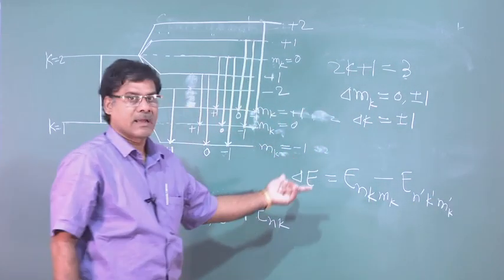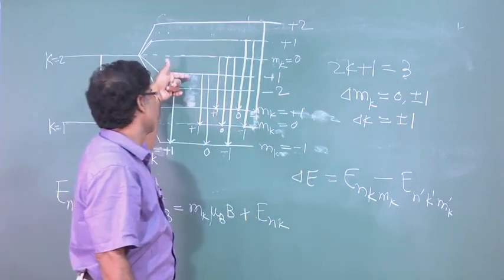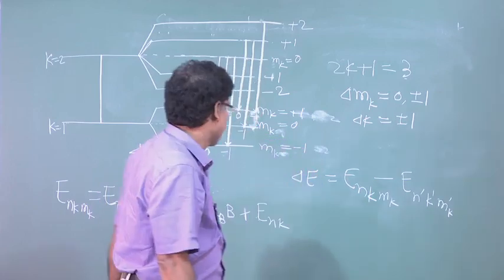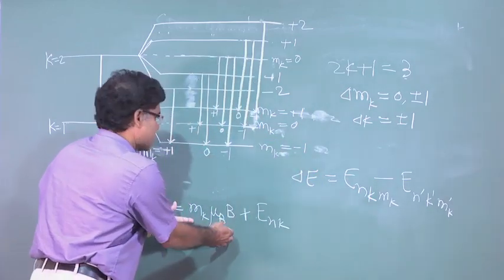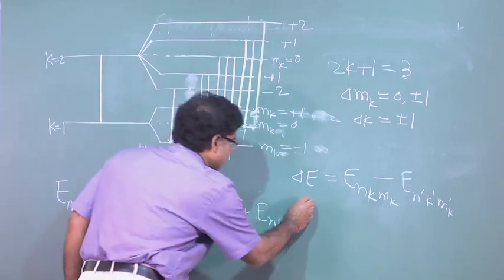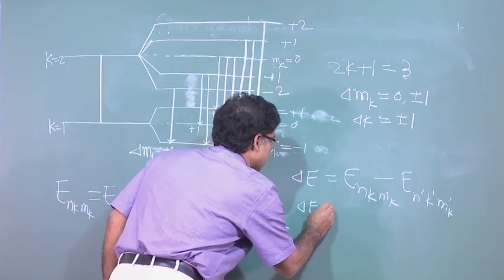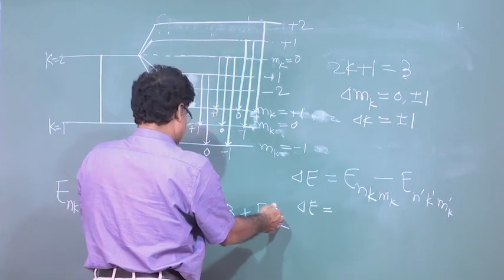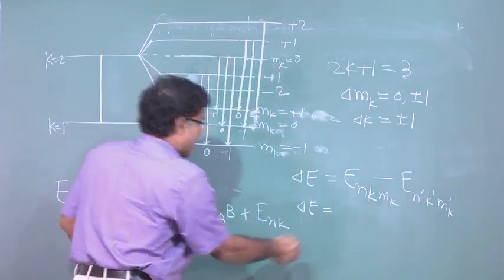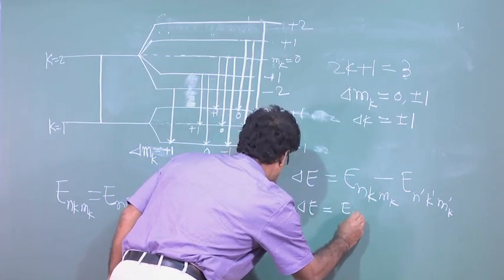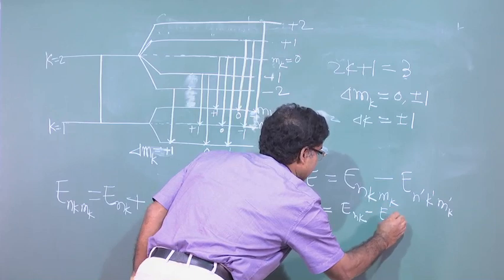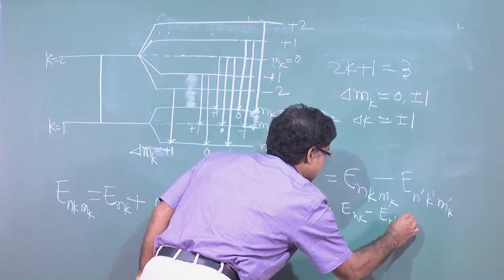That is the energy difference, and corresponding to the transition you will get these spectral lines. So, if you take the difference like this, what will you get? The delta E you will get is E n k minus E n dash k dash.